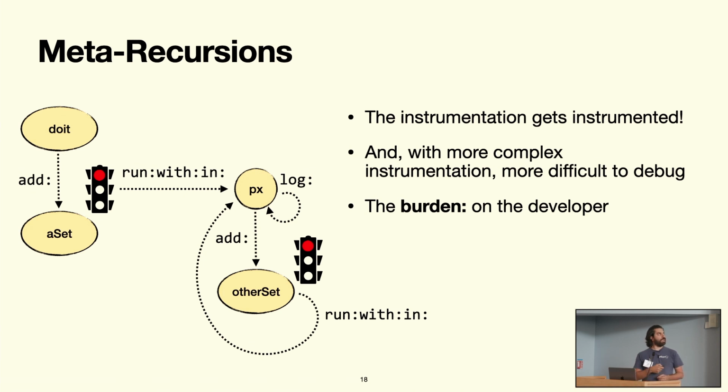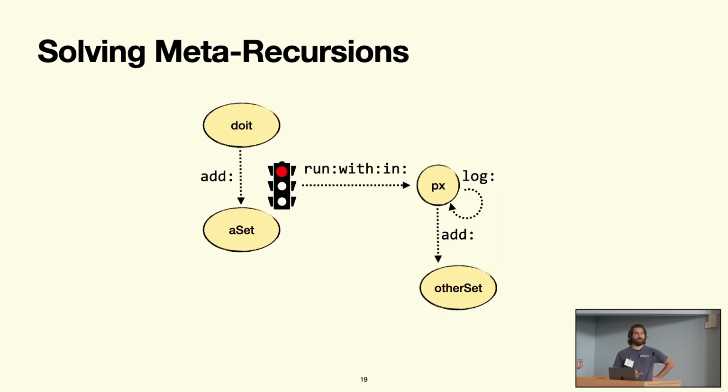And of course, if you just use run within by yourself, you have to manage this problem by yourself. The burden of handling this problem is on you, the developer building this kind of proxy. So how do we solve these meta recursions?